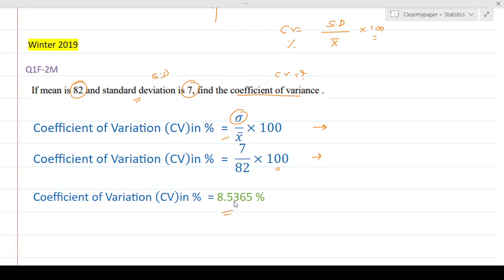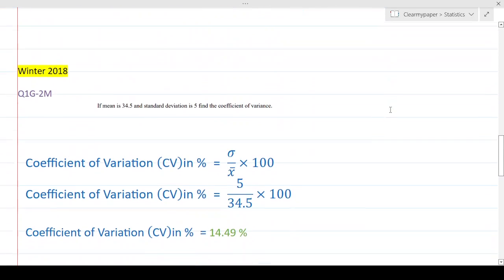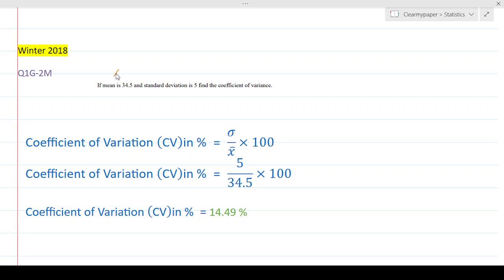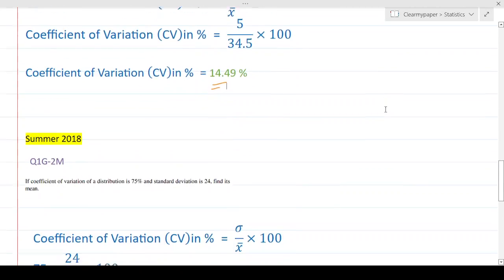If you calculate, you get 8.5%. This is important because it's expressed in percentage, since you're multiplying by 100. In the next problem, it's the same story. They give the mean and the SD, and we need to find the CV. Same formula, you apply the ratio and you get the answer in percentage as 14.49%.